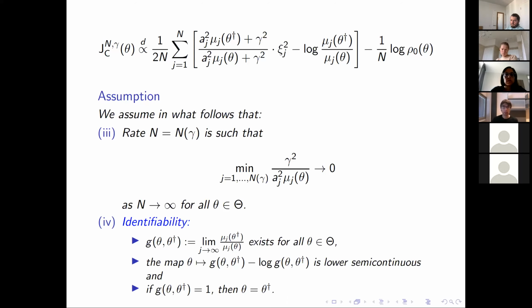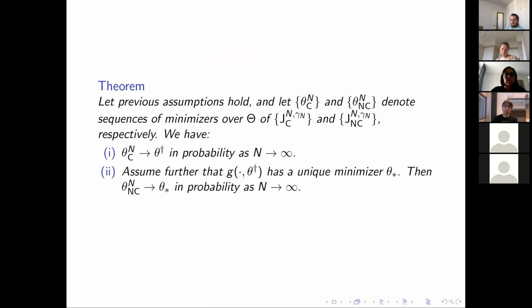Okay, and so our theorem described in that paper says that under the assumptions that we made, the MAP estimator in the centered parametrization of the hyperprior converges to the ground truth in probability.